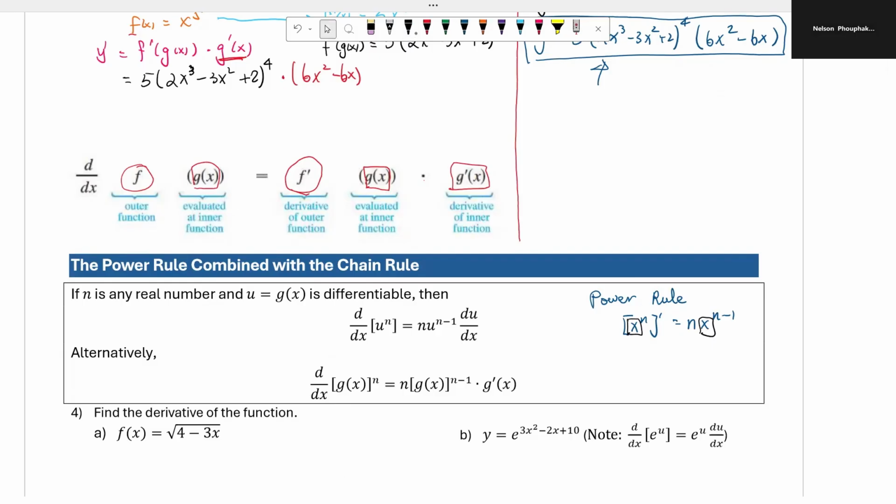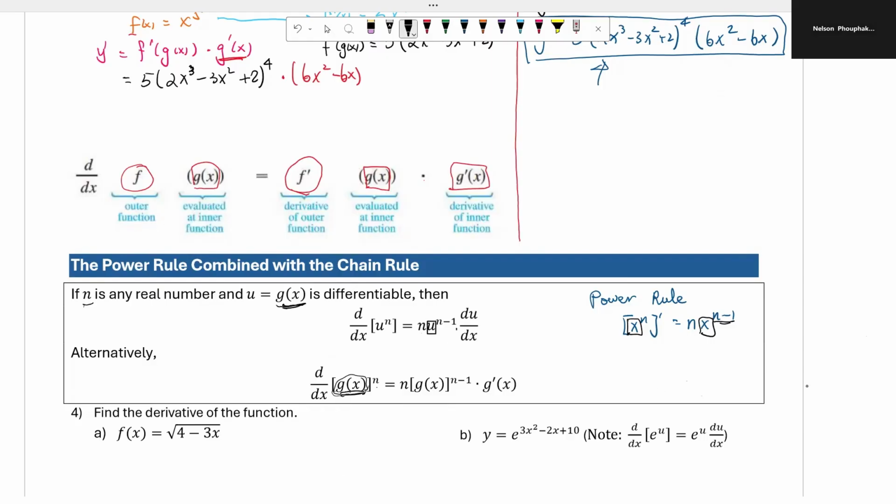So now, if n is any real number and u, my inner function, is differentiable, then the derivative of u to the n is n times u raised to the power of n minus 1, just like what we have here, and then we multiply by the derivative of u. Or you could look at it as the derivative of g of x raised to the power of n, my inner function raised to the power of n.